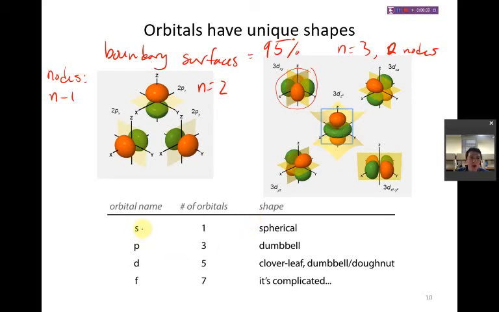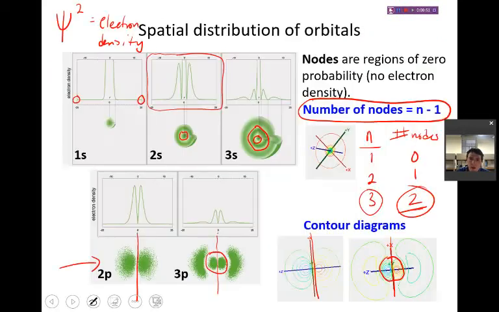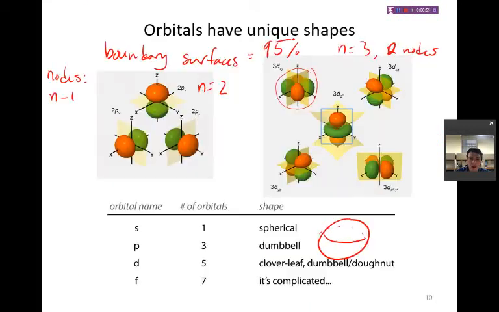Okay, there are 4 different orbital names and types that you need to be familiar with. The shape of the s orbitals is spherical. Those we saw here indicated. These are the s-type orbitals. The p-type orbitals are dumbbell-shaped.